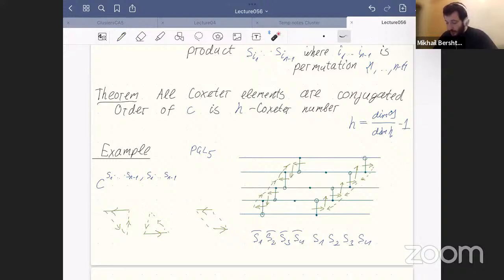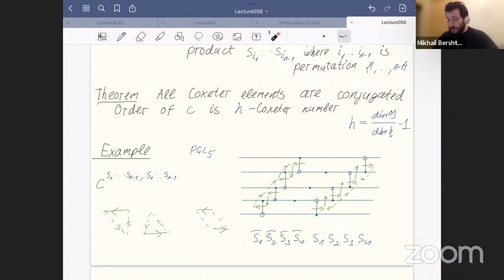Okay, what are the lessons which we can learn from this example? First of all, we actually have unfrozen variables. Unfrozen variables, as usual, correspond to the bounded faces. For these faces, we don't have half edges between two unfrozen variables, between two bounded regions.